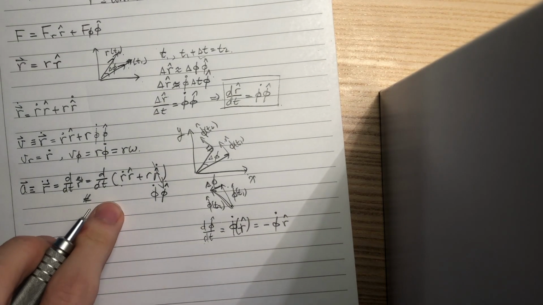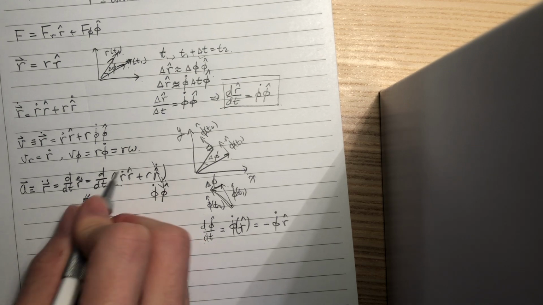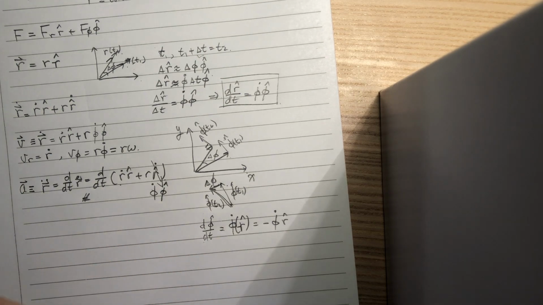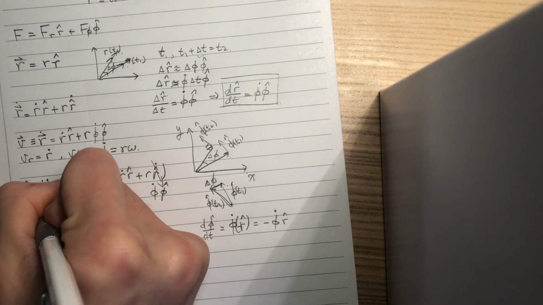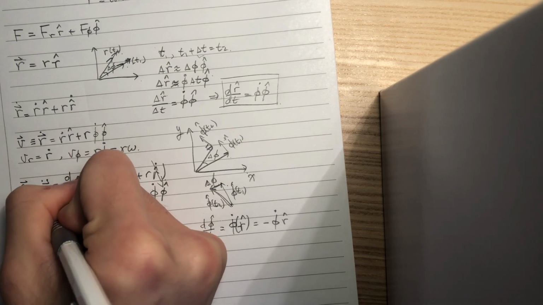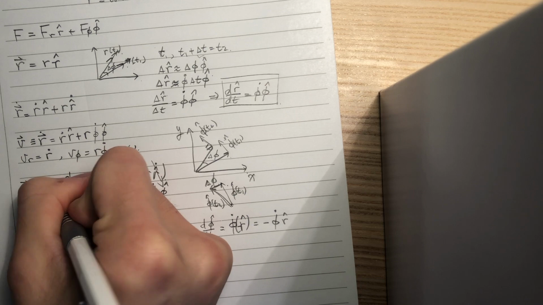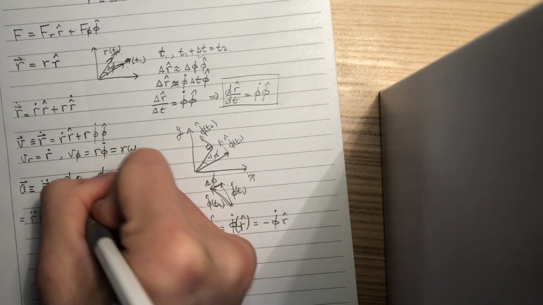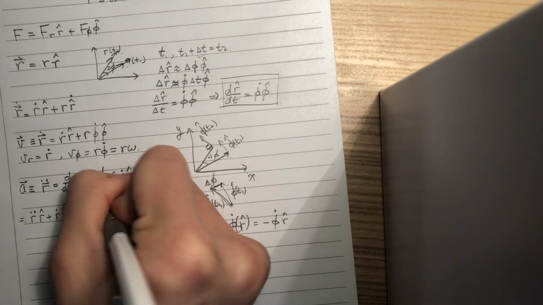We can go back to here. So we have to take a product rule of this, and we have to apply the product rule twice here. So what we get is r double dot r hat plus r dot r hat dot plus r dot phi dot phi hat.